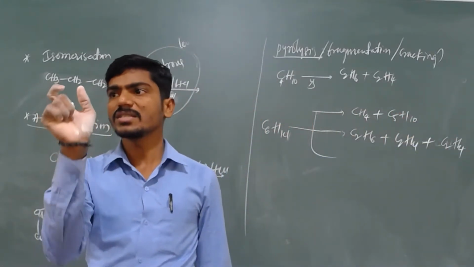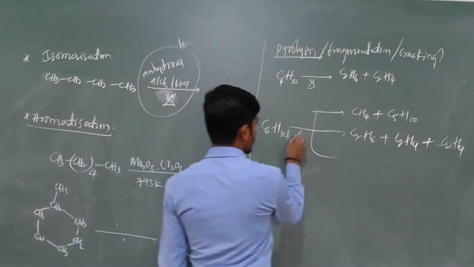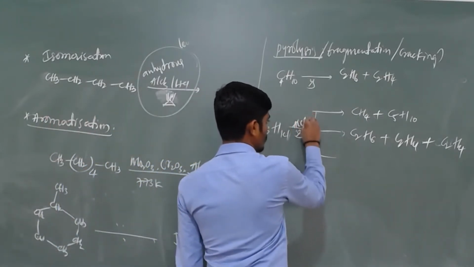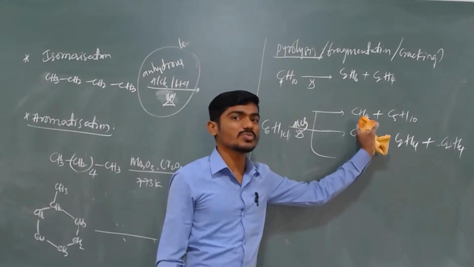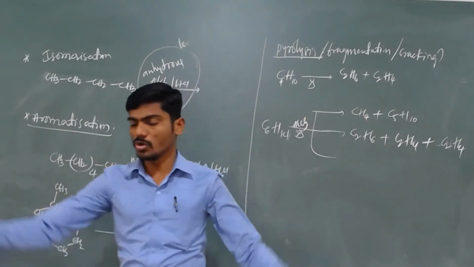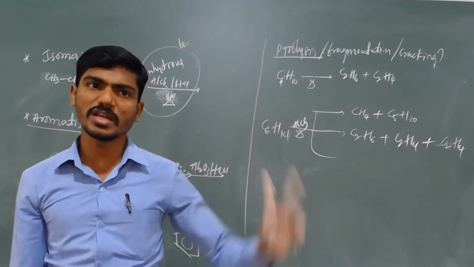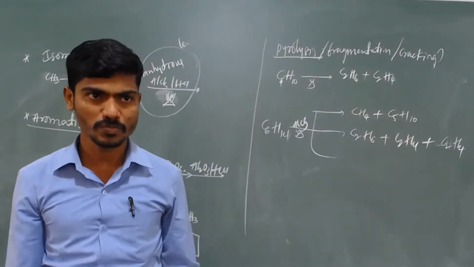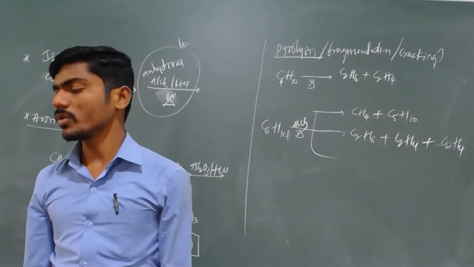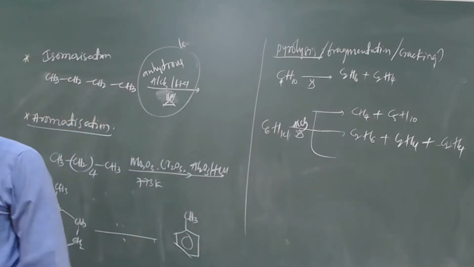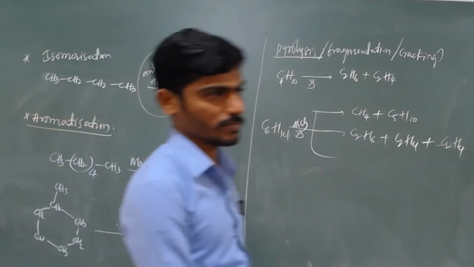When n-alkanes are heated strongly in the presence of AlCl3, this gives rise to smaller molecules. The chain breaks and smaller molecules are produced, which may have a double bond or triple bond. This reaction is known as fragmentation, pyrolysis or cracking reaction.